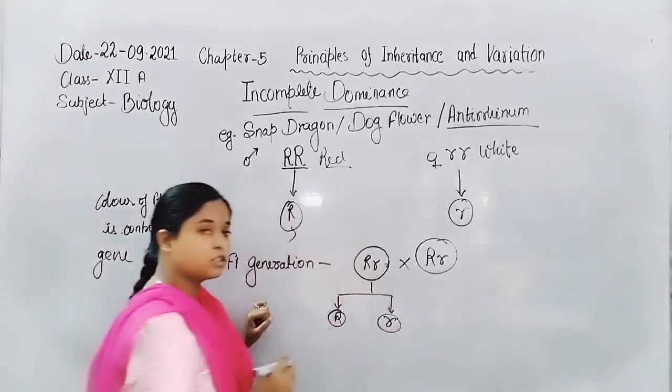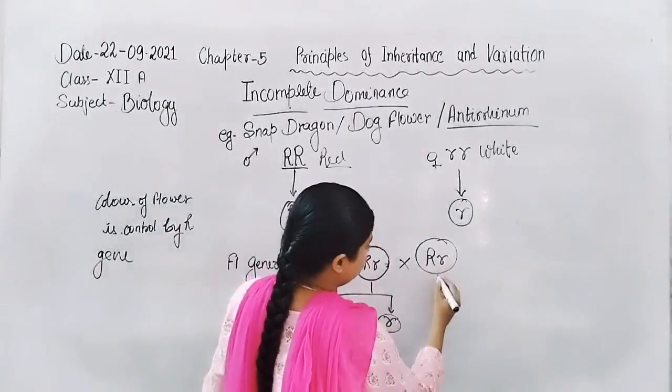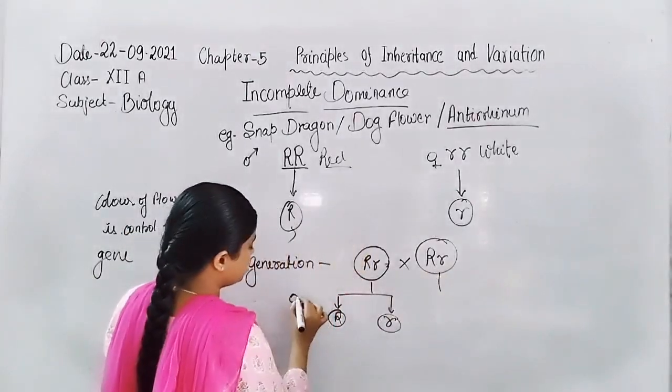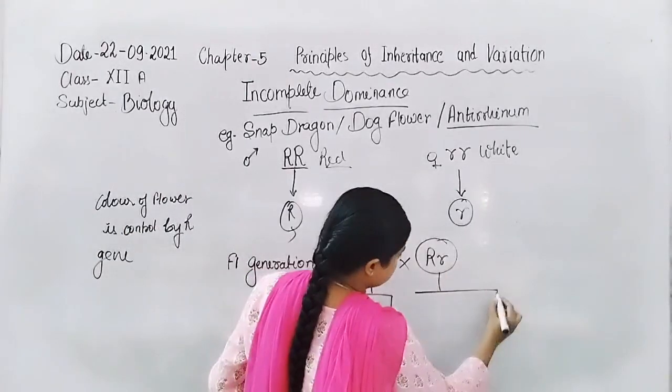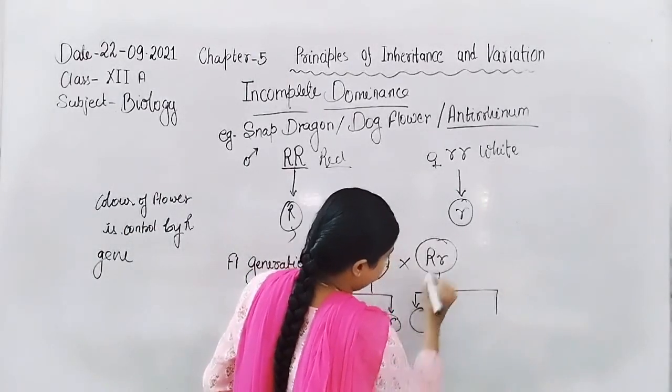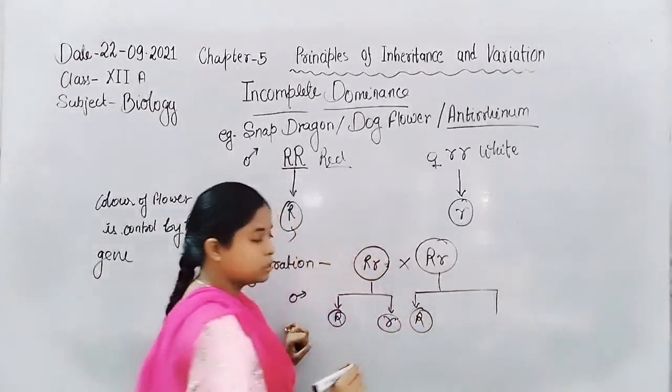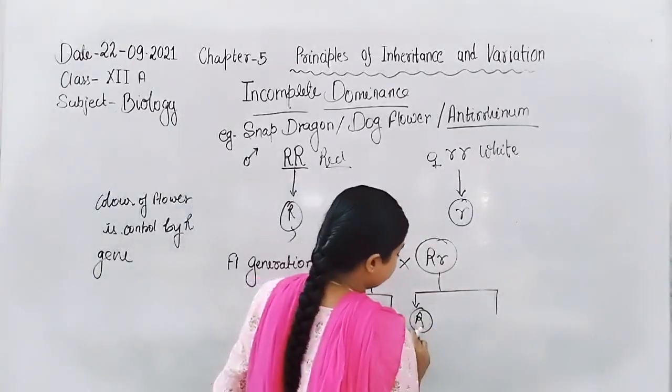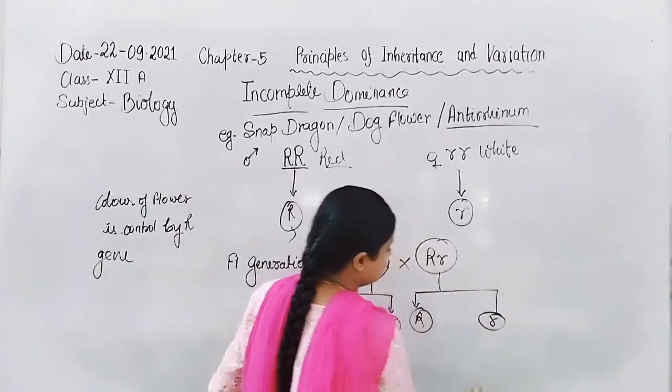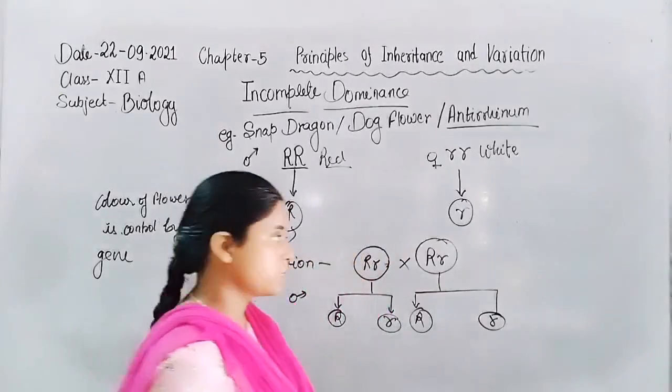So there is formation of two gametes, the male gamete as sperm and the female gamete. The same procedure is followed by the female also: one gamete with capital R, one gamete with small r. Now fusion of these two gametes takes place in the plant.